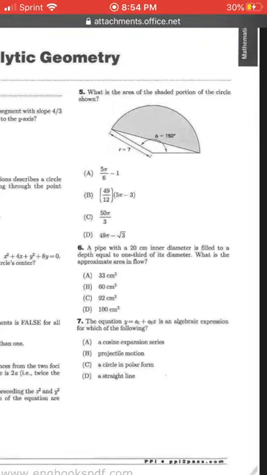If the diameter is 20, that means the radius is going to be 10. So let's fill in our diameters here. Once again, it's another shaded area problem.